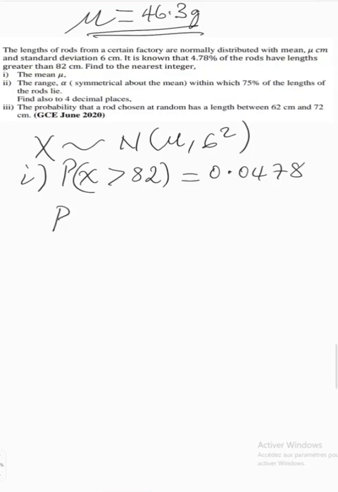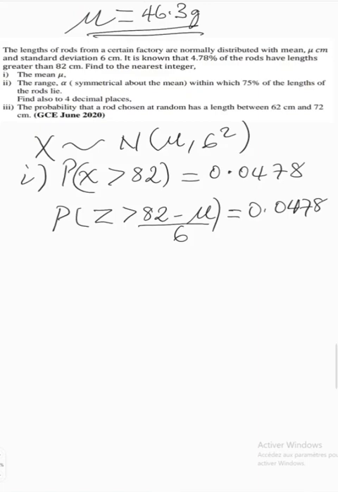And we proceed to standardize, whereby we now have P of z greater than 82 minus the mean mu, that we are seeking to find, divided by the standard deviation 6 should be equal to 0.0478. Now, the fact that the area to the right of our z value is less than 0.5 means the z value is positive.